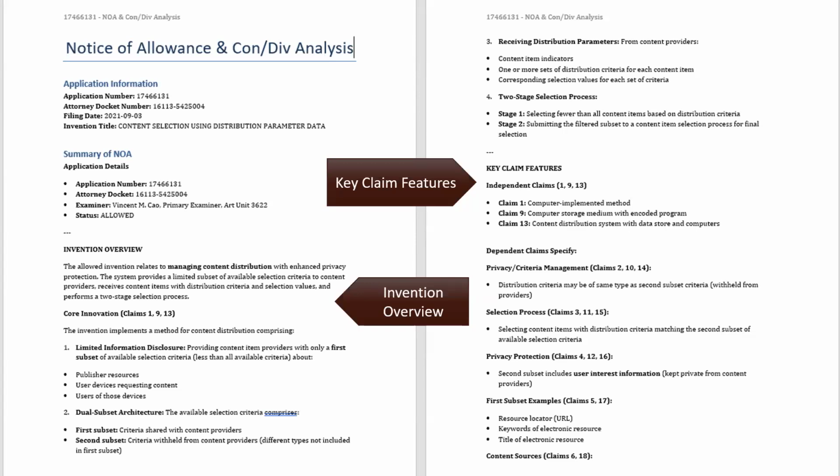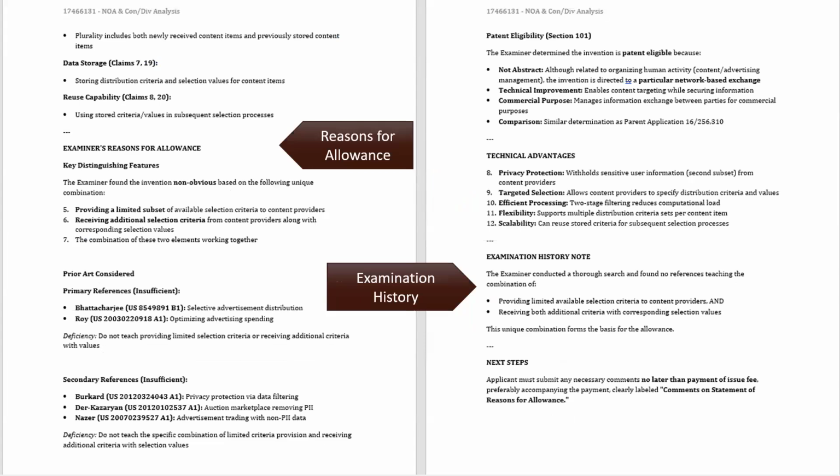And as we scroll down, we get to a summary of the examiner's reasons for allowance, what prior art they used, and a little history of the prosecution, so you can see how things progressed without having to dig through the file wrapper.